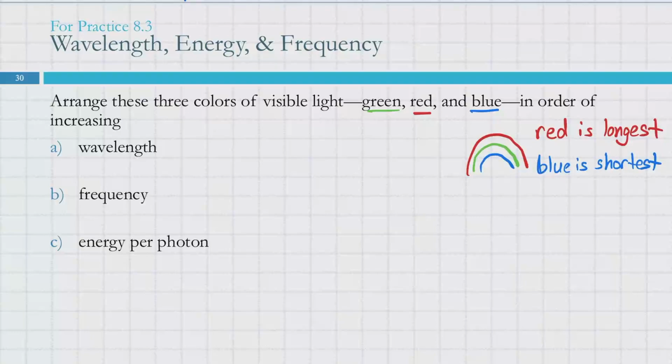This corresponds to the order of their wavelength as well. So blue, since we're going in order of increasing, blue is our shortest. Then in the middle we've got green. And then the longest is red.